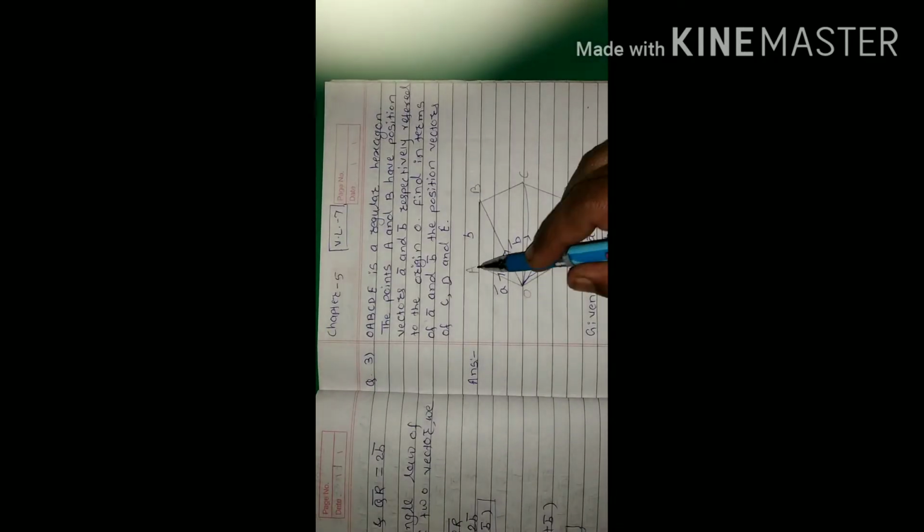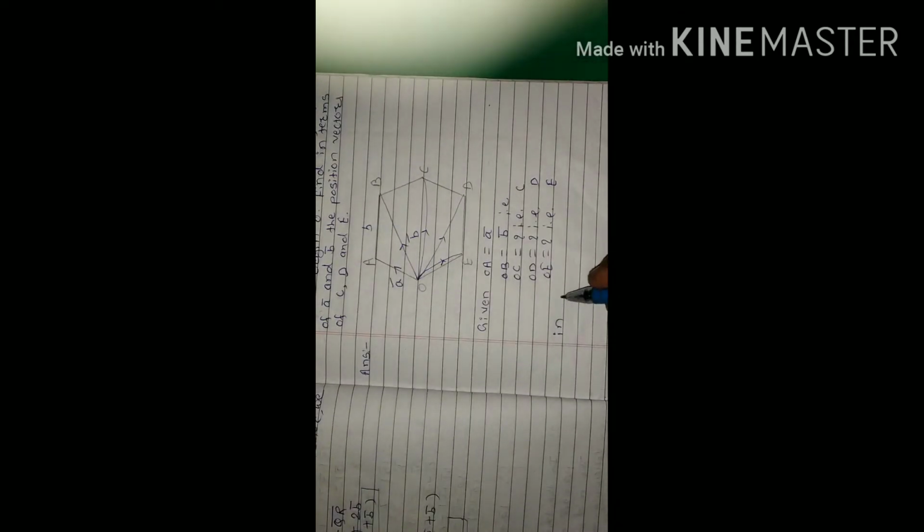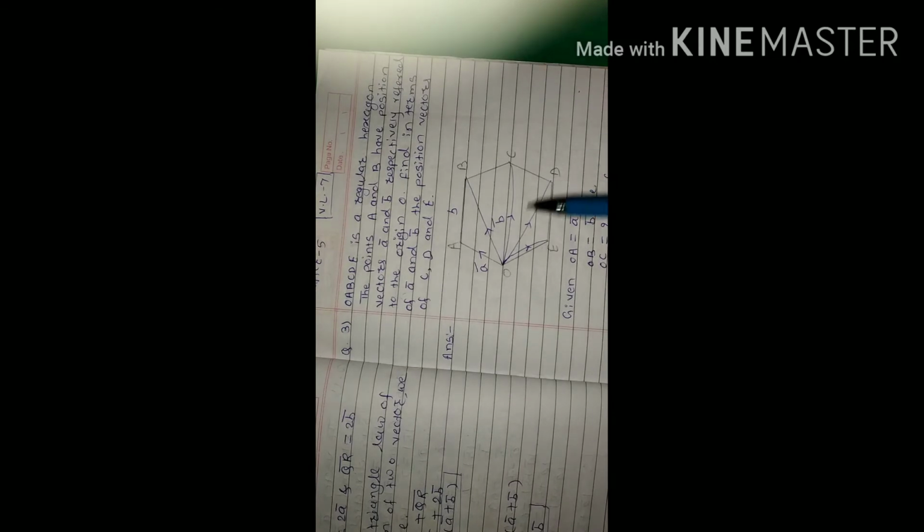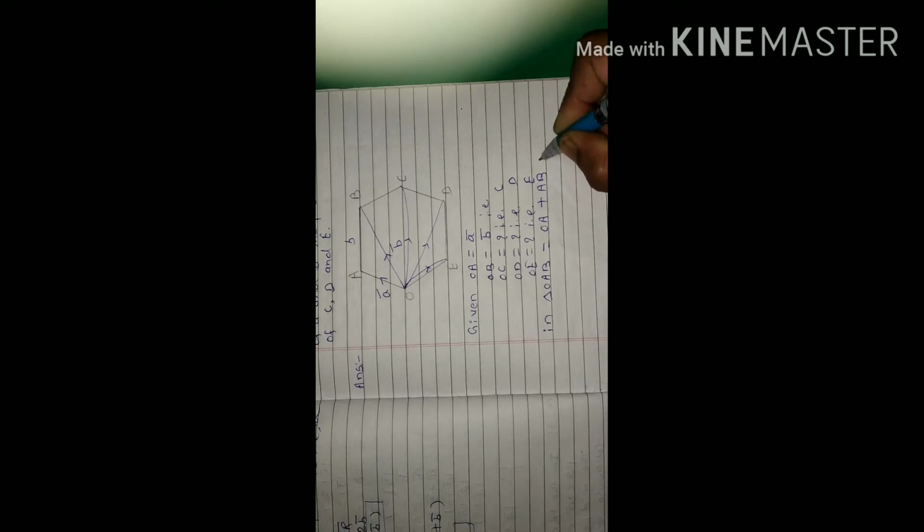In the above diagram, in triangle OAB, we know the triangle law of vector addition: OA plus AB is equal to OB.